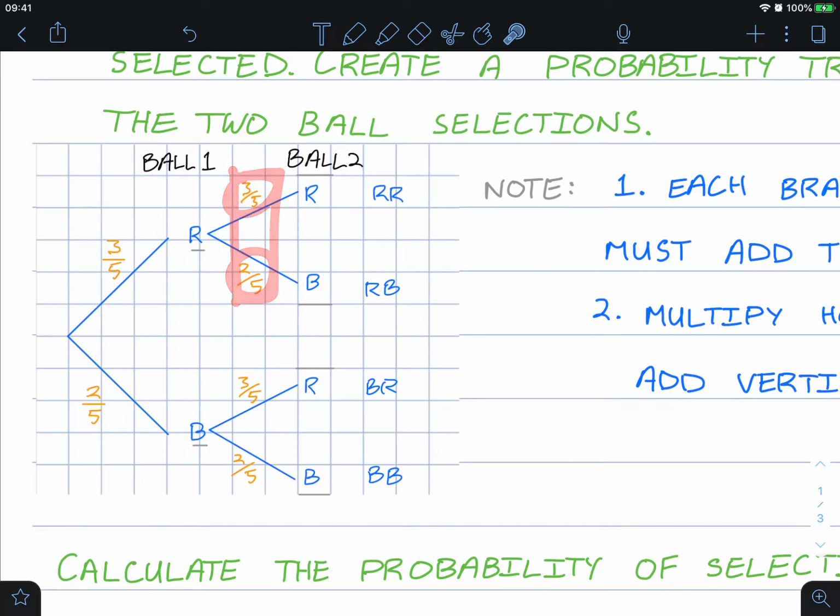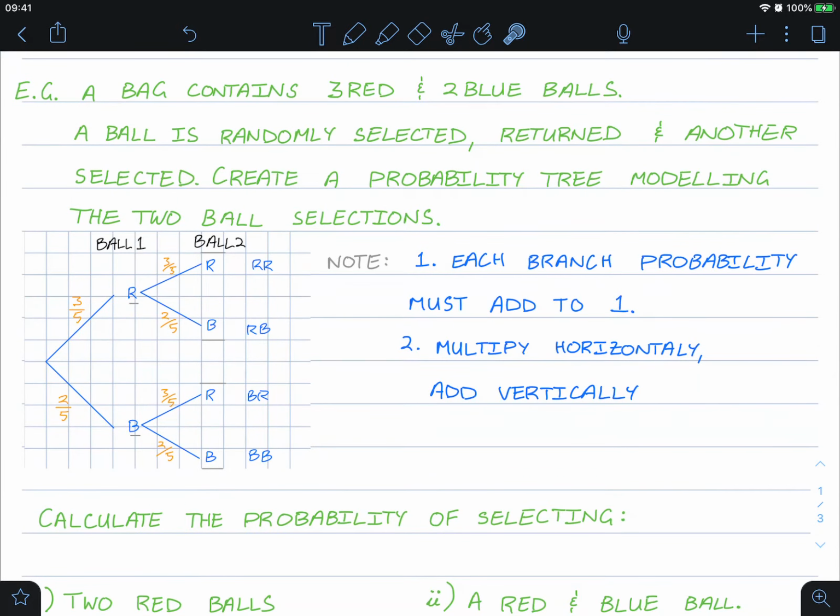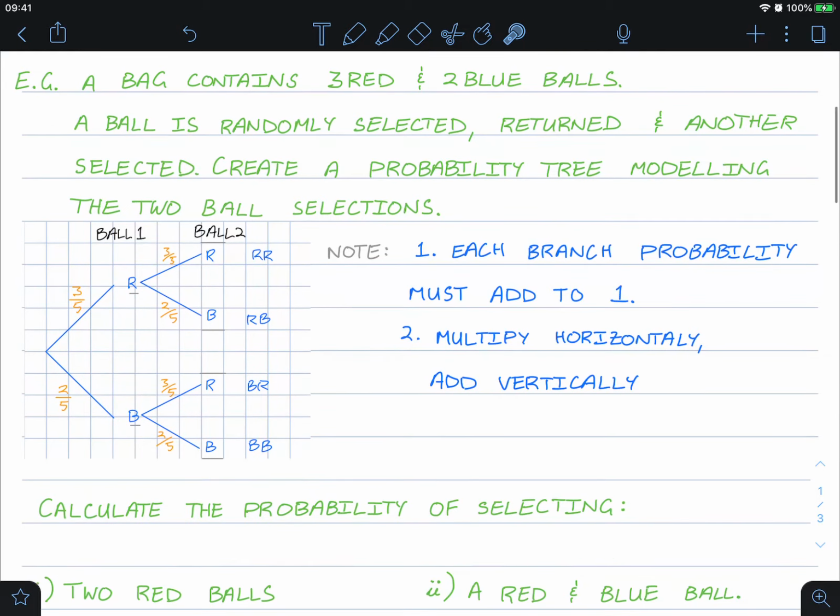Together, these make 1 whole. And the same for these two. The next note that we should remember is that whenever we do these next calculations, we multiply going through the branches, so horizontally, and once we've multiplied what we need, we add vertically.